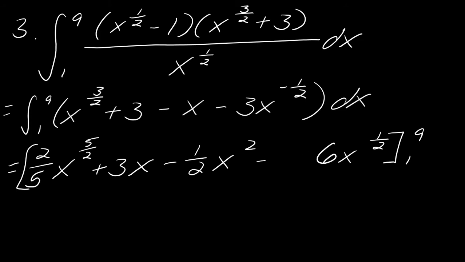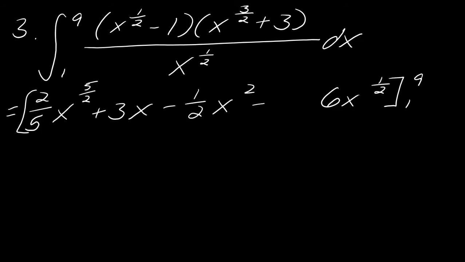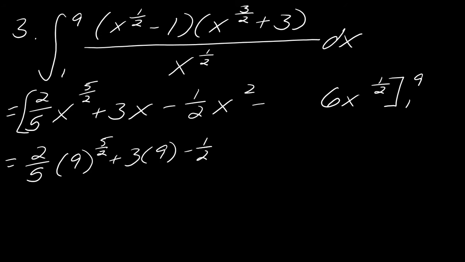Okay, so now we can go through and do all of this. I actually could use a lot more space, so I'll make some space. Okay, so I've got 2/5 times 9 to the 5 halves, plus 3 times 9, minus 1/2 times 9 squared, minus 6 times 9 to the 1/2.